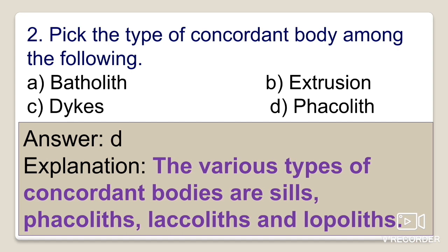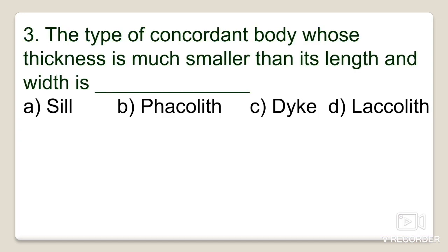We have already talked about sills, phacolith, laccolith and lopolith. These are the best examples of concordant igneous rock bodies, whereas batholith, extrusion and dikes are examples of discordant igneous rock bodies.